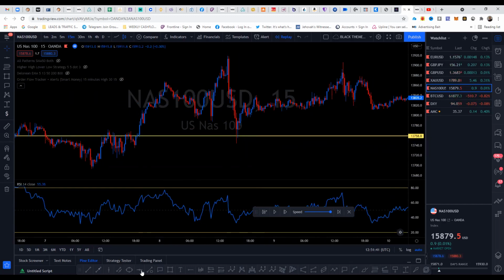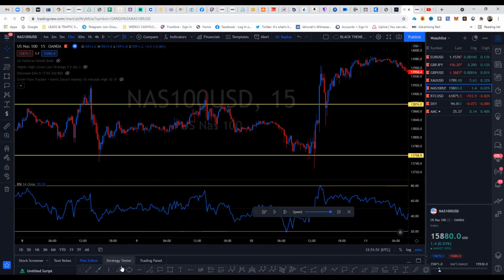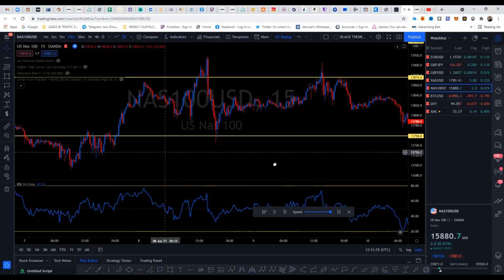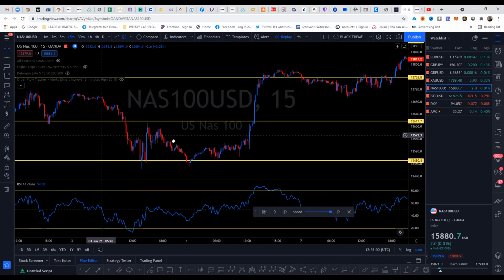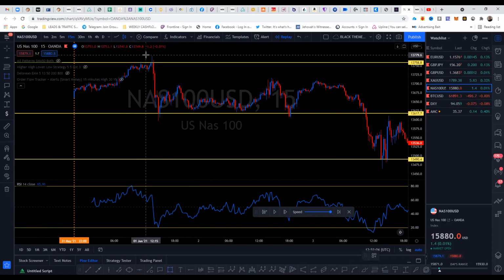I kind of went up to here. And then right up to here. Now, once I marked these up, then I started drawing my supply and demand zones from the body of the candle to the wick, okay?